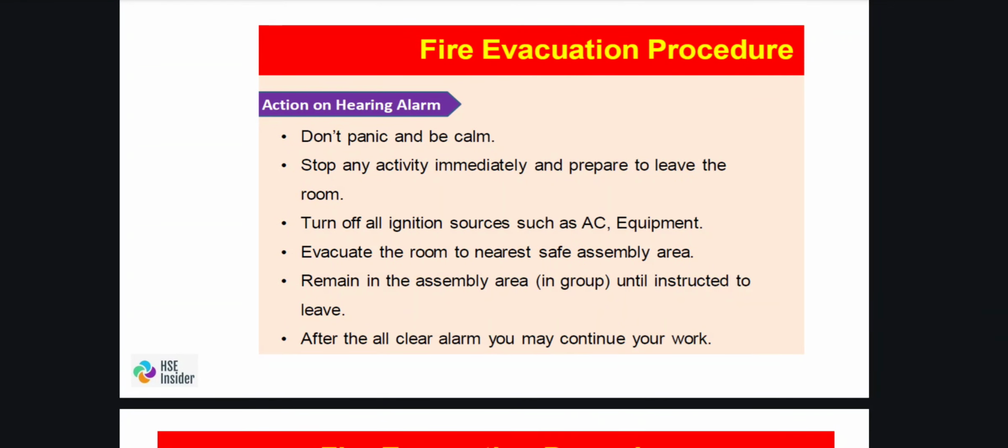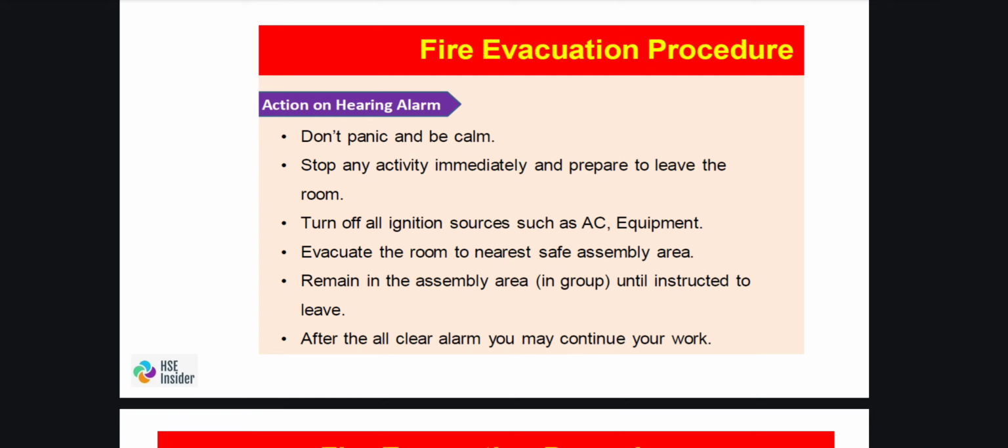So, fire evacuation procedures. Action on hearing the alarm. Once you hear the alarm, what needs to be done? Don't panic and stay calm. Stop any activity immediately and prepare to leave the room or the workplace where you are. Turn off all ignition sources such as AC equipment, which means the electrical sources. Evacuate the room to the nearest safe assembly area.